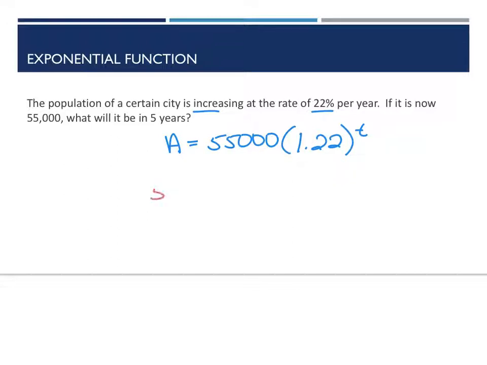If I want to know what that's going to be in 5 years, I definitely want to use my caret here with a 5, and that's going to be a bunch of people. 148,649. Round it off to the nearest human because we don't count humans as tenths or hundredths or anything like that.